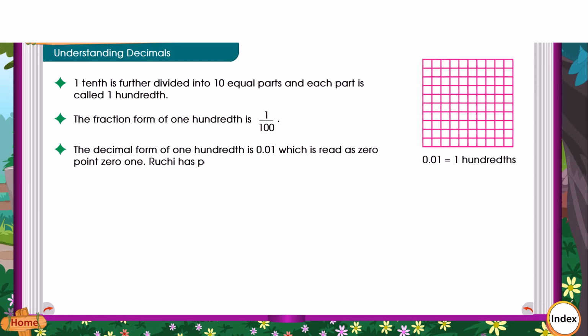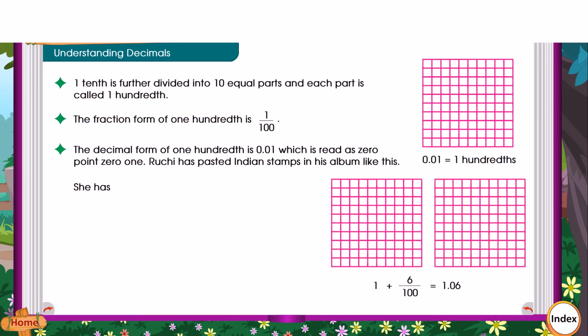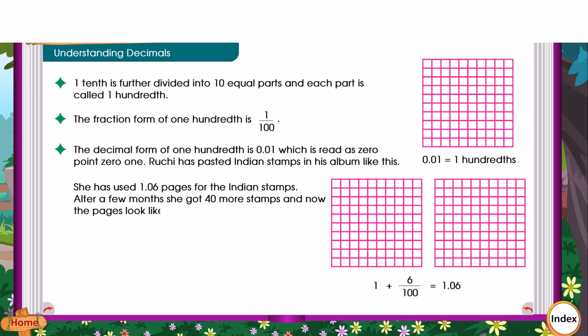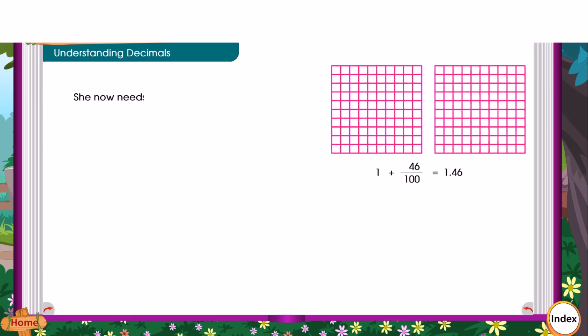Ruchi has pasted Indian stamps in his album like this. She has used 1.06 pages for the Indian stamps. After a few months, she got 40 more stamps, and now pages look like this. She now needs 1.46 pages for the Indian stamps.